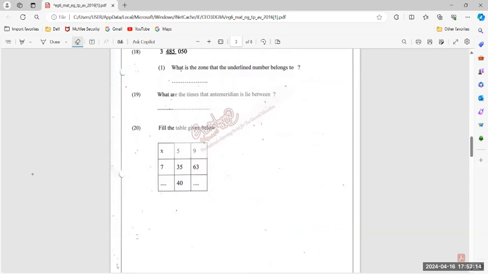Okay. Now you can try the next question. Almost we have done many questions according to this method of the question number 20. We have done many questions regarding the table. So this is an easy question.